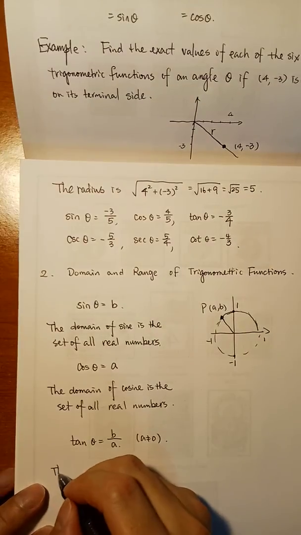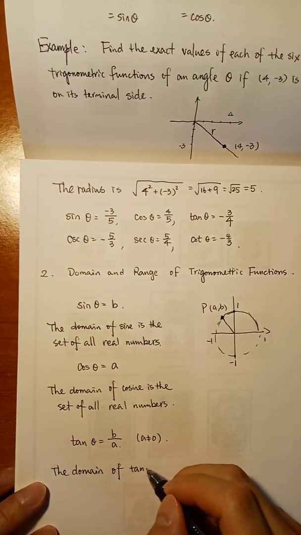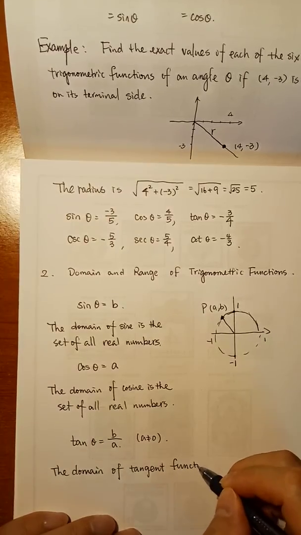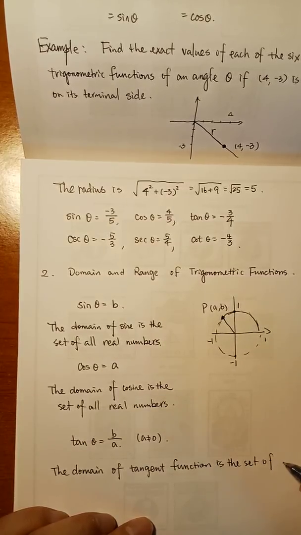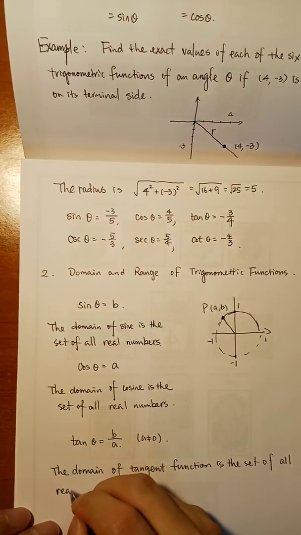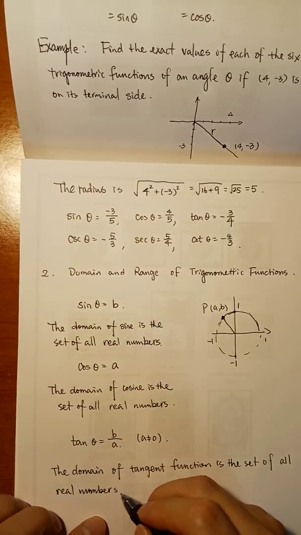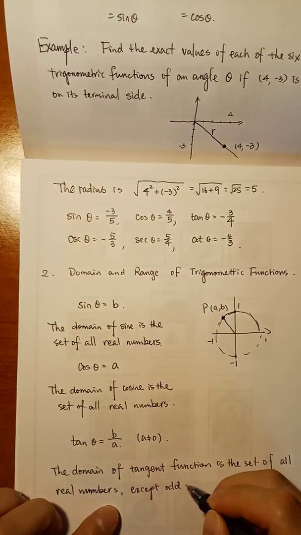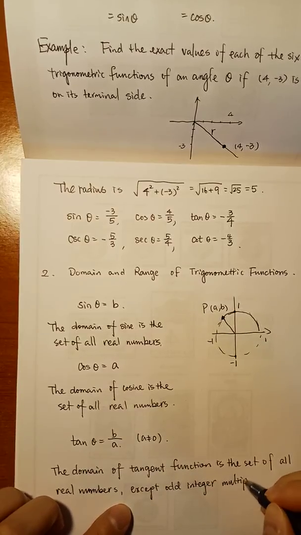So the domain of the tangent function is the set of all real numbers except odd integer multiples of pi over 2.